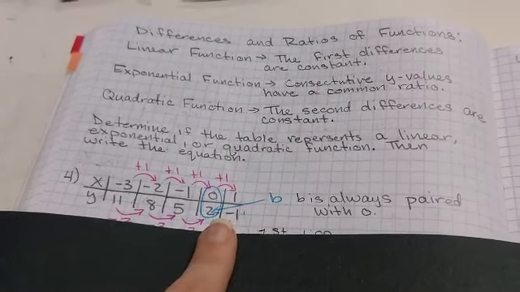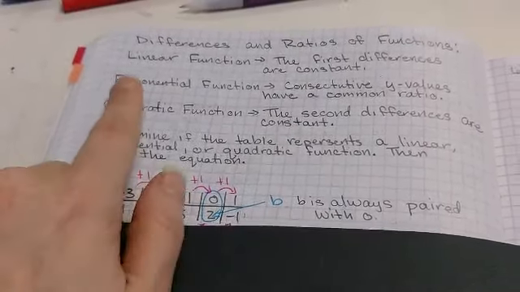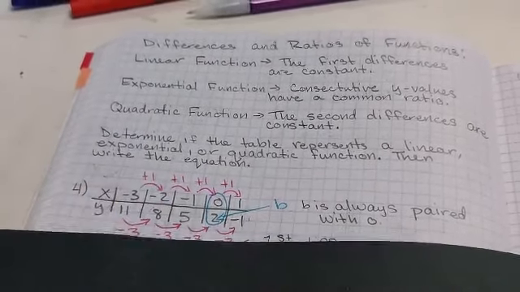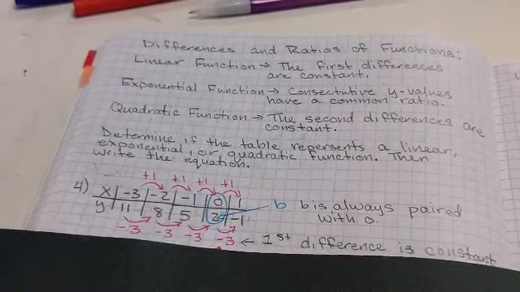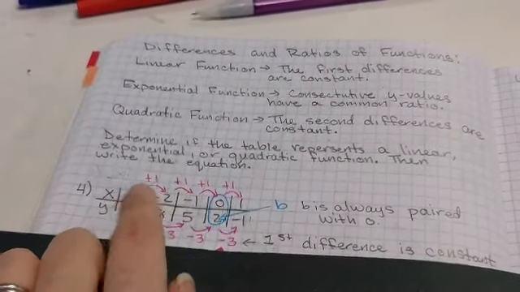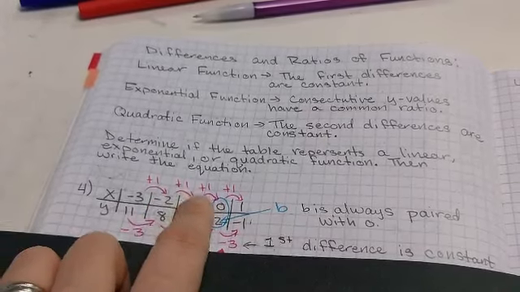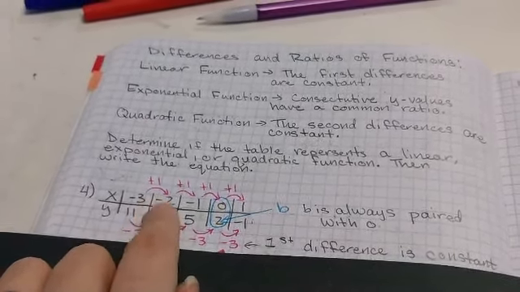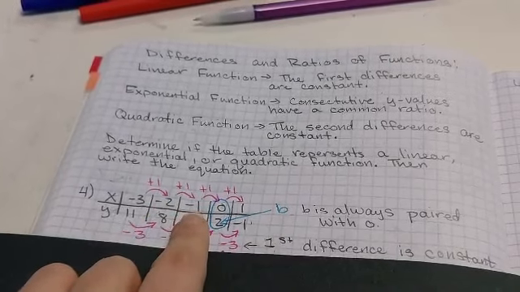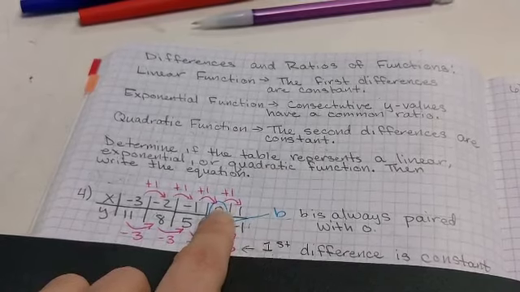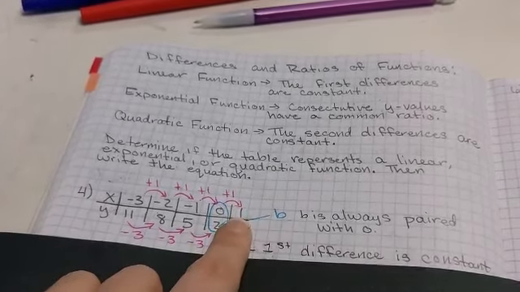First, we have to decide, is it going to be linear, exponential, or quadratic? I always check linear first, so I check the first difference. I check my x values, and they are all adding 1. To get from -3 to -2, I add 1. -2 to -1 is add 1. -1 to 0, add 1. And 0 to 1 is add 1.